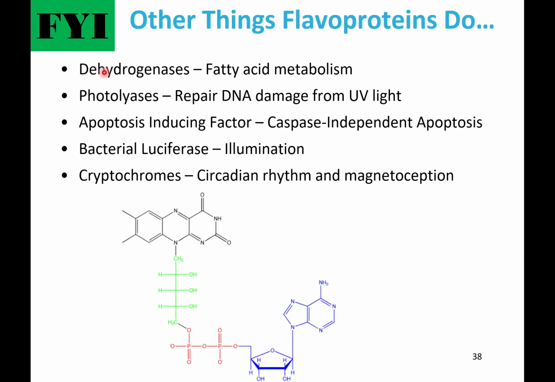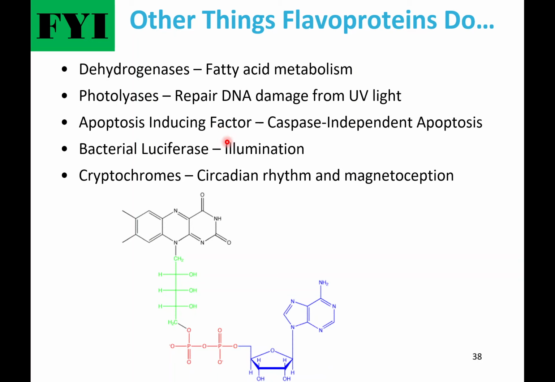Dehydrogenases, that's kind of electron transfer, fatty acid metabolism. But some other things that they do: photolyases, they can repair DNA damage; apoptosis inducing factors, so they can help facilitate apoptosis.